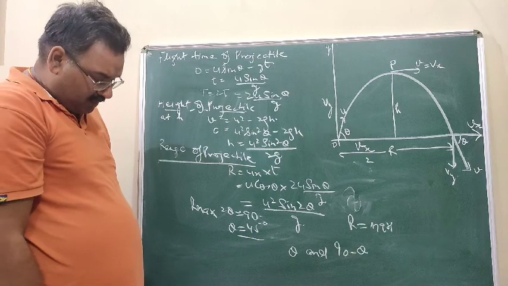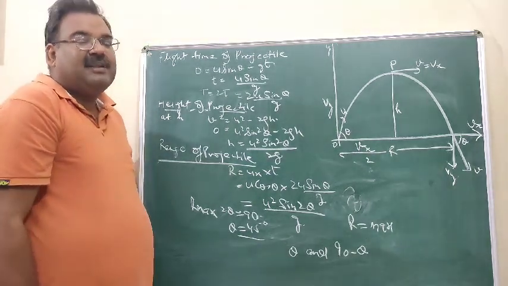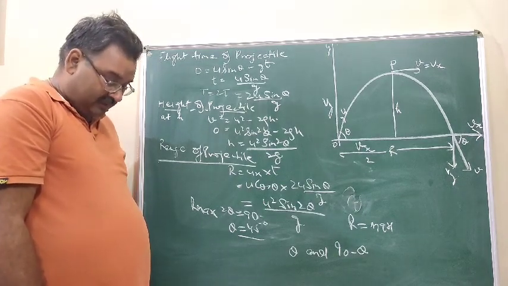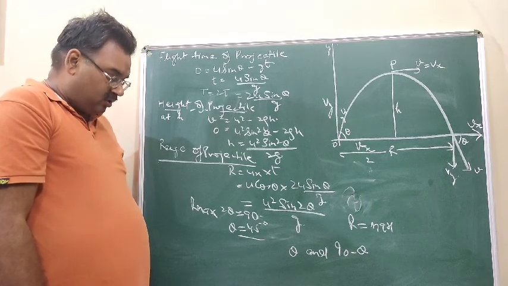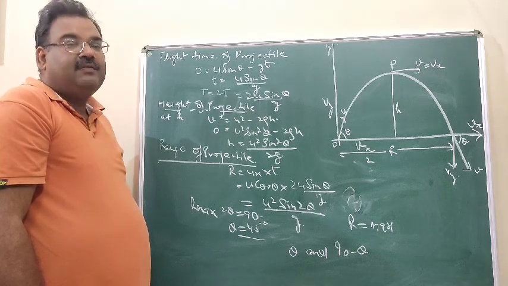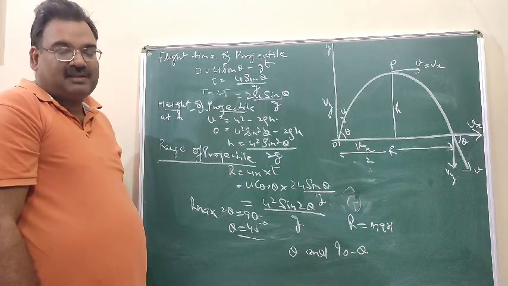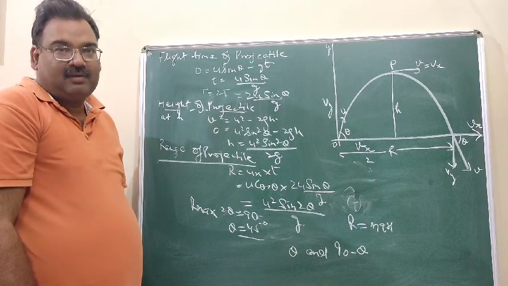And there is one more point. What is it? We know that sin(90 - theta) is equal to sin theta. So we come to know that if we throw a ball at an angle theta or at an angle 90 - theta, the range will be the same. Okay?